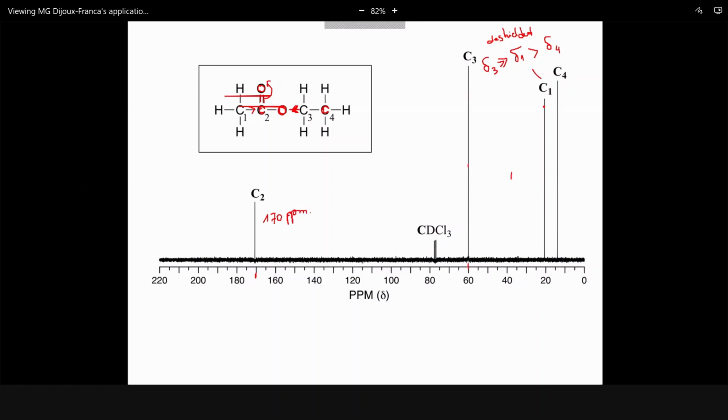So as you could see here, for each carbon, I have only a singlet. But we will see it's not really the case. This is because we have done something special to have only a singlet for every carbon.